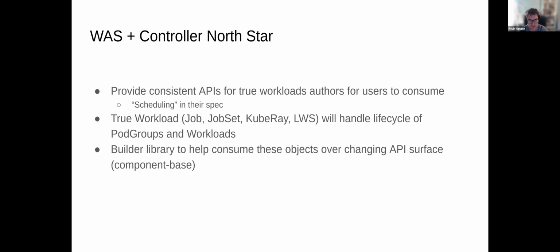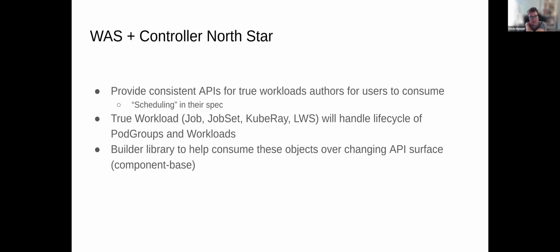So JobSet, Kubernetes, leader worker set, and generally what we want to happen over time is that these true workload controllers are handling the lifecycle of pod groups and the workloads. Users are able to specify gang scheduling, disruption, DRA resource claims, and topology awareness in their workloads.